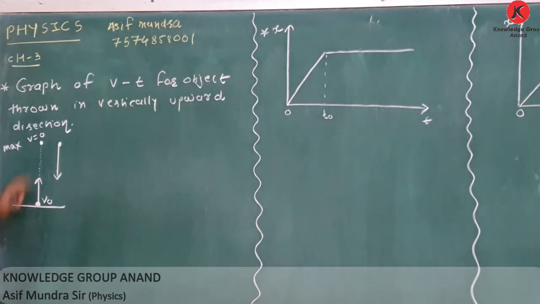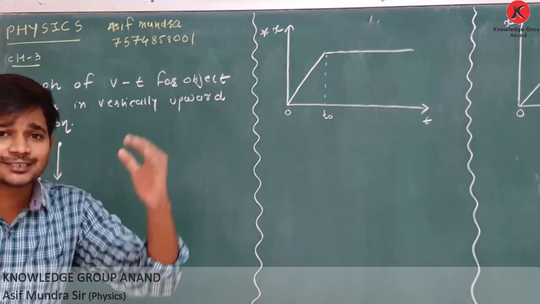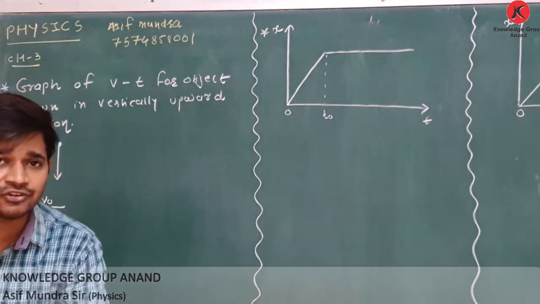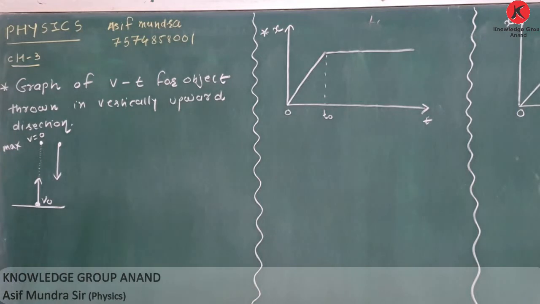As it is moving downward, it is a case of free fall, because at maximum height velocity becomes 0. Then in free fall, following Galileo's law of odd numbers, its velocity increases. So from this we have to find what the VT graph is.